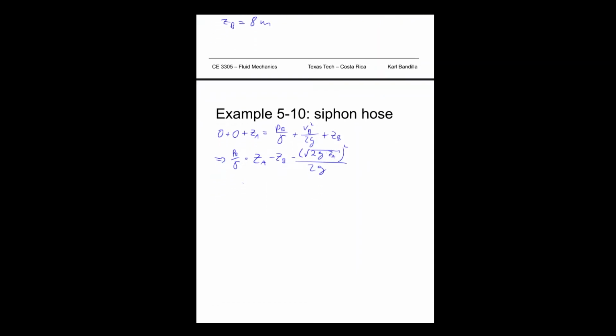So that would be ZA minus ZB minus, the square kind of cancels each other out, 2 times G times ZA over 2 times G. So we get ZA minus ZB minus ZA is equal to minus ZB.